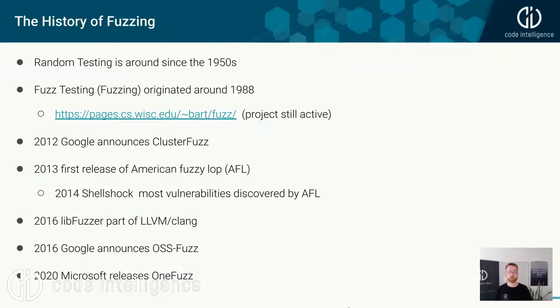Google announced ClusterFuzz, their fuzzing platform. Microsoft announced their own fuzzing platform. And Google also offers an open source version where you can fuzz your open source software on Google infrastructure. So it got really prominent in the last few years, and many of the major players are involved here.